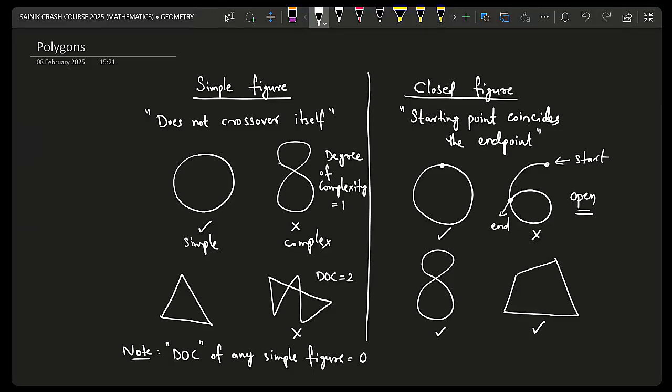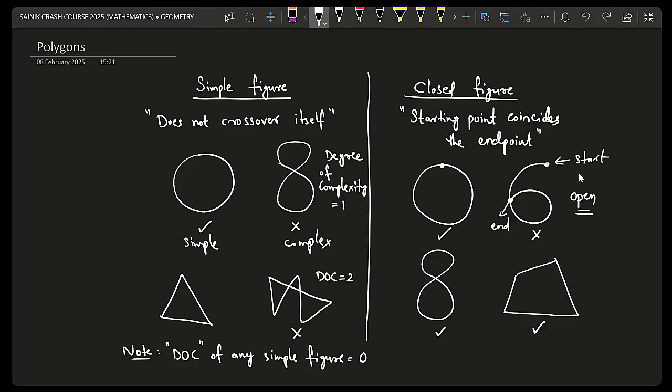Sir, what is meant by DOC2? DOC is degree of complexity. I wrote it in short. Degree of complexity means the number of times a figure crosses over itself. See, this figure is crossing over itself here as well as here. So at 2 points it is crossing over itself. So the degree of complexity is 2. Is it clear?